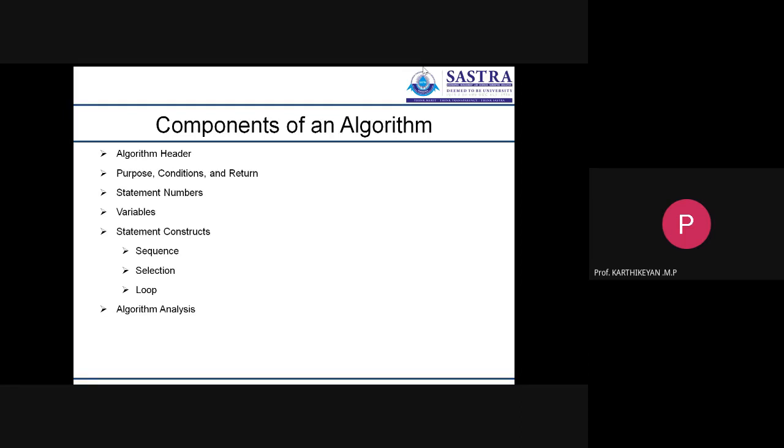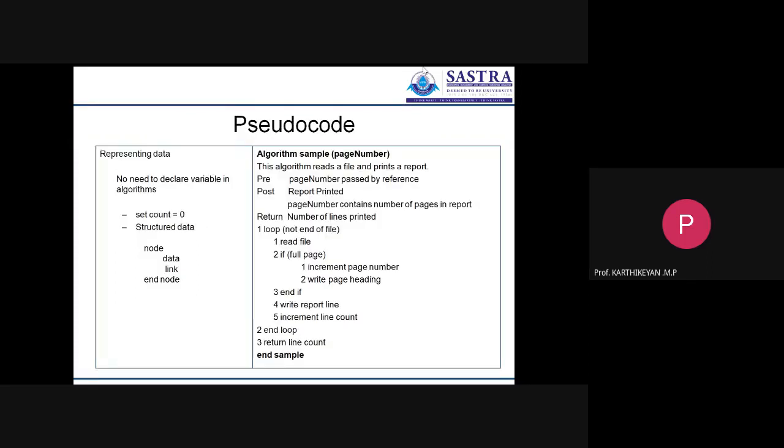Now the third one is the statement numbers. If you check the sample algorithm, we have given 1, 2, like this, for each statement we have given numbers. This is one type of numbering. Instead of this, you can follow subnumbering also.